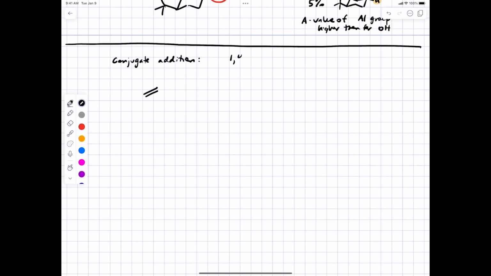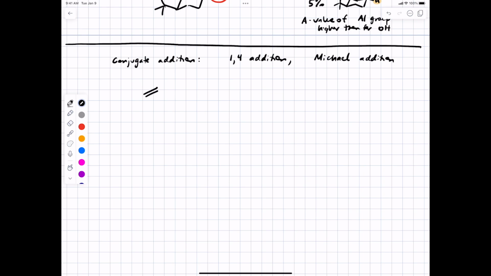Sometimes this is also called 1,4 addition for reasons we'll mention briefly. Sometimes if the nucleophile is an enolate or a carbanion, we'll call it a Michael addition. I've never heard it called bimolecular nucleophilic addition, or ADN2, but your text uses that. I'm not going to write it down because I don't care.